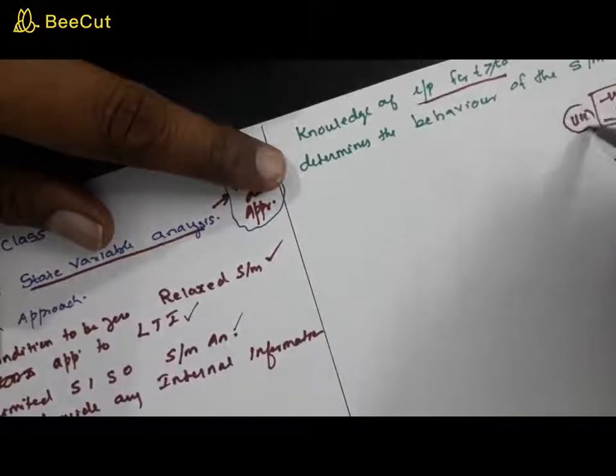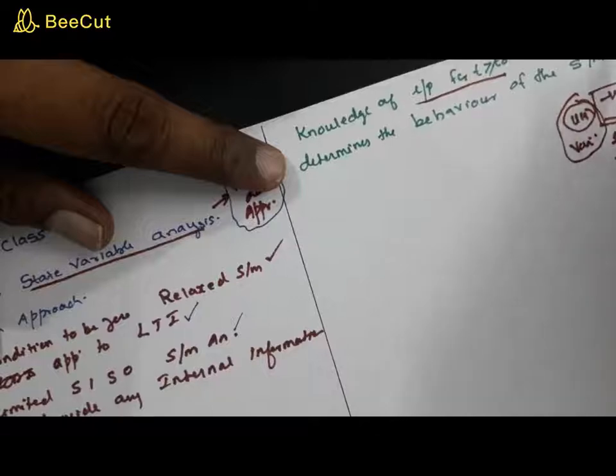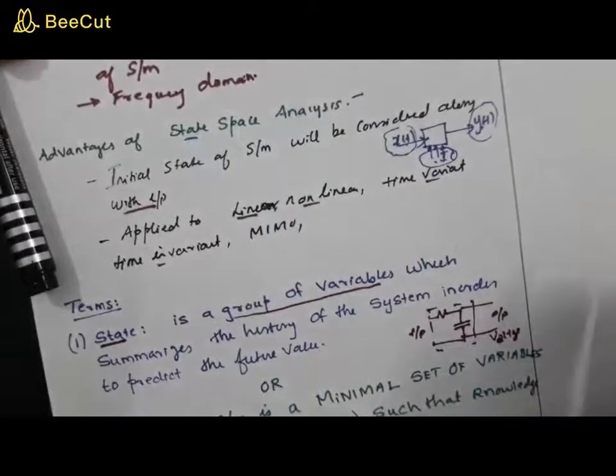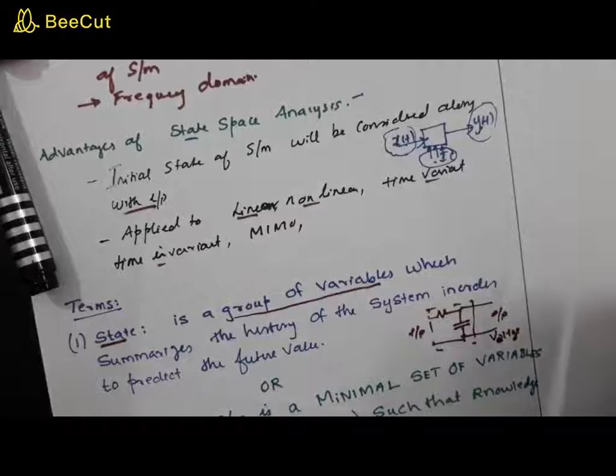By using these two factors, you can predict the output at t greater than or equal to t0. Such a set of variables we call the state variables. Hope you understood the idea about state and state variables.